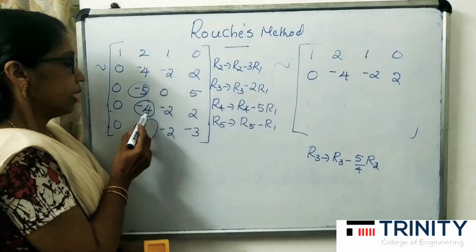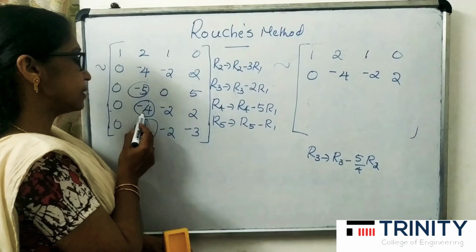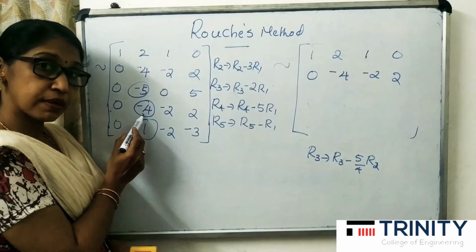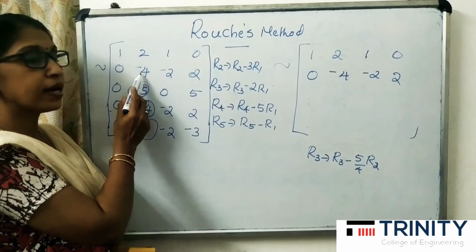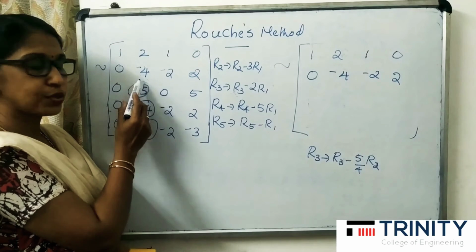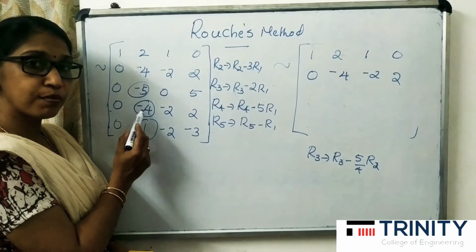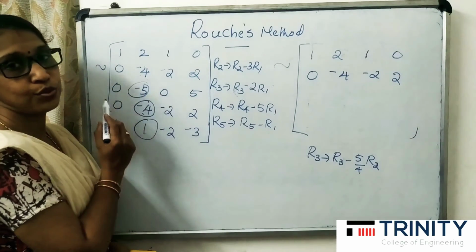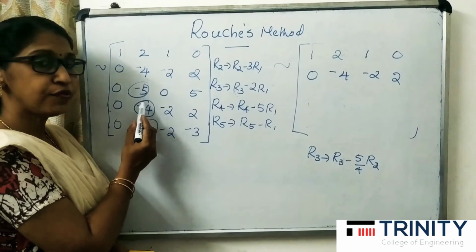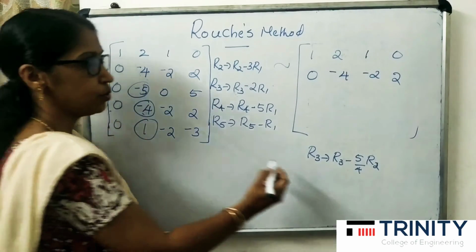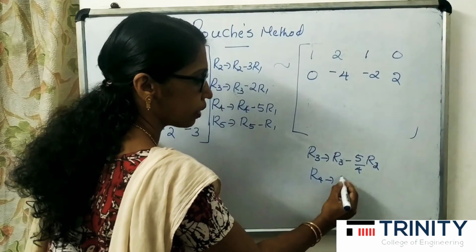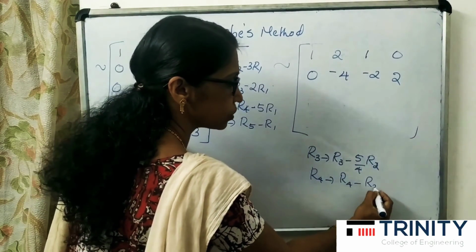Now coming towards this element, here it is minus 4. Minus 4 minus minus 4 is 0. So the transformation is R4 minus R2. R4 minus R2, we get 0 here. So R4 gives R4 minus R2.